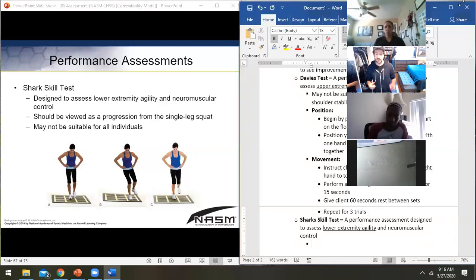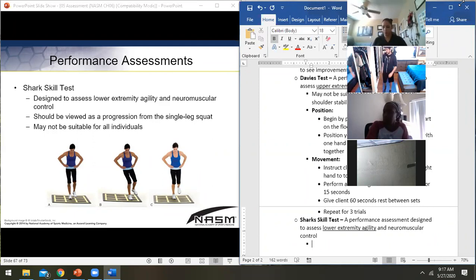And the rules are they have to keep their leg up the entire time. They can only have one leg on the ground. They have to keep their hands on their hips the entire time, and they always have to return to that center square. If they fail to return to the center square, they get a penalty, which increases their time. Or if their hands come off their hips, they get a penalty, which increases their time.